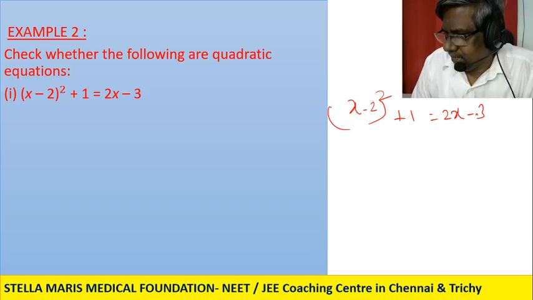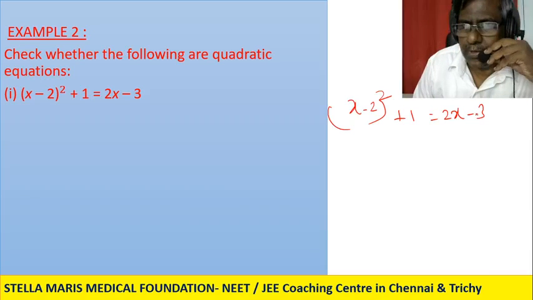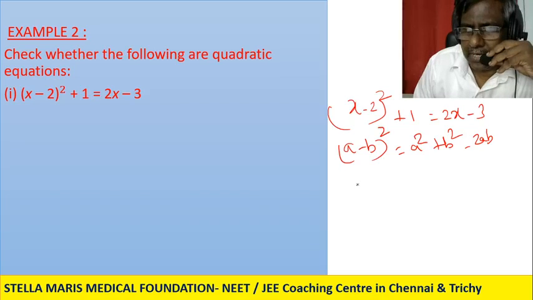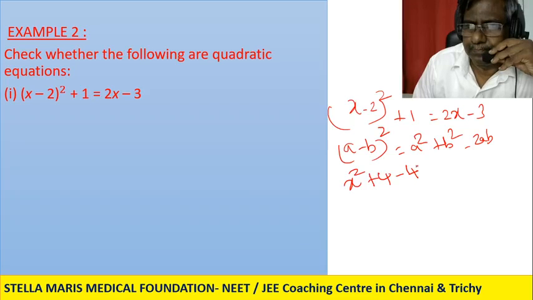What is a minus b whole square? a minus b whole square will be a square plus b square minus 2ab. Likewise, x minus 2 whole square will be x square plus 4 minus 4x. Am I right?